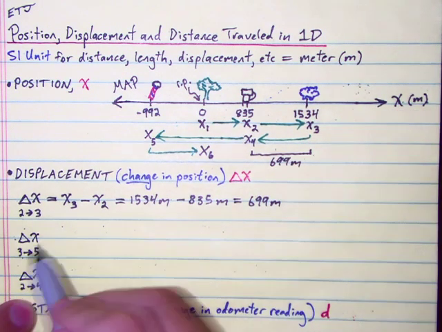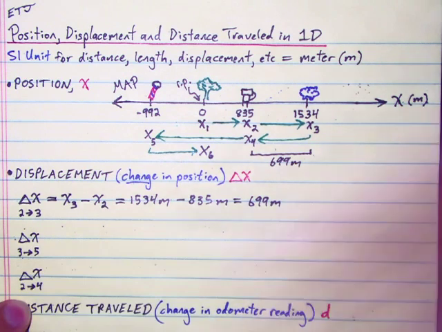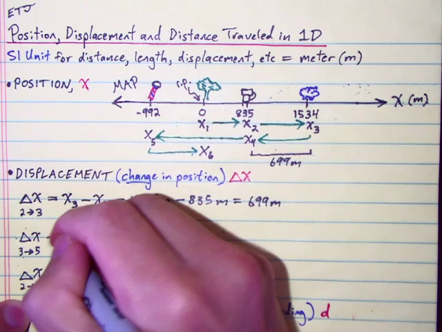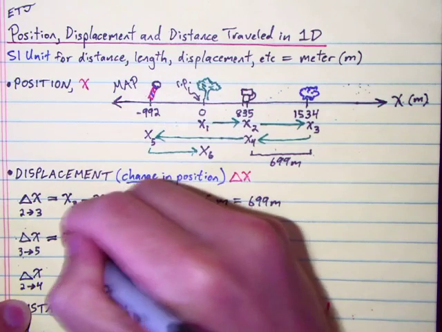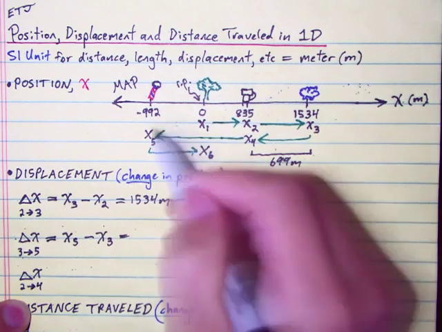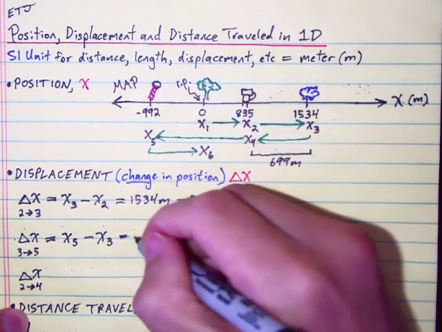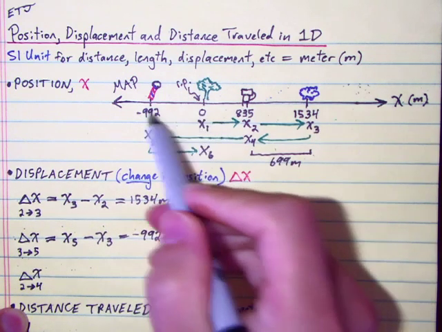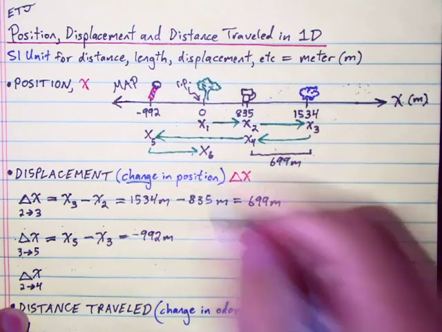Okay, how about his displacement between events 3 and 5, from the petting zoo to the barber shop? Displacement is final position, x5, minus initial position, x3. His final position is negative 992 meters. He's 992 meters in the negative x direction from our reference point.